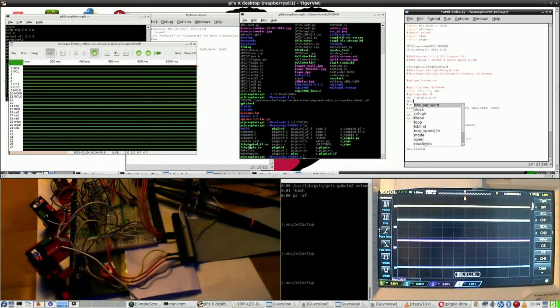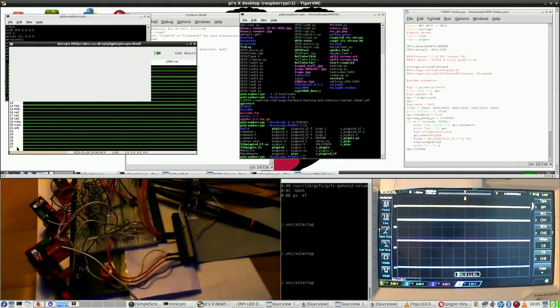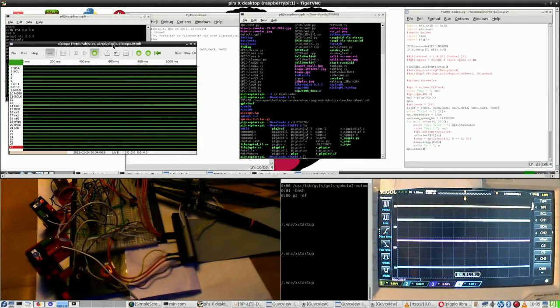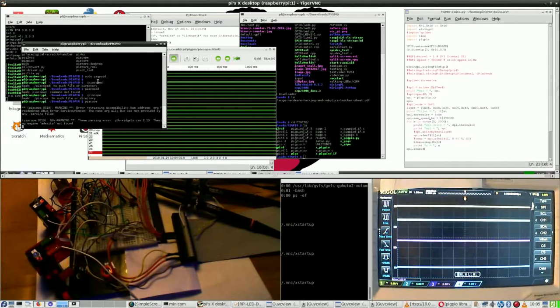Okay, so instructions. First I have got PiScope running, which means that I have indeed managed to get the pigpio daemon running, and that is in here.